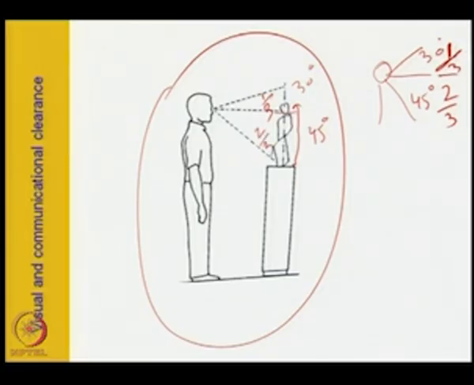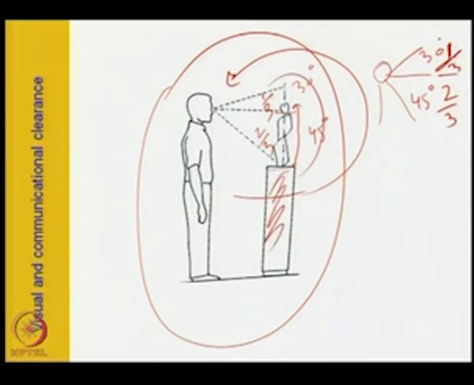So, the person can move around and get a good view and also can touch. So, for different eye heights this may be considered, and after doing this, the stand dimension can be fixed.